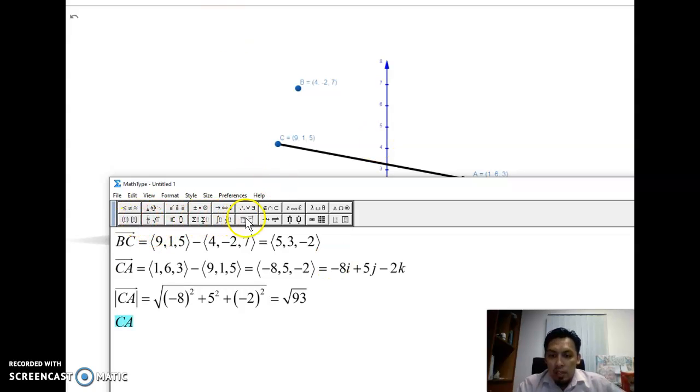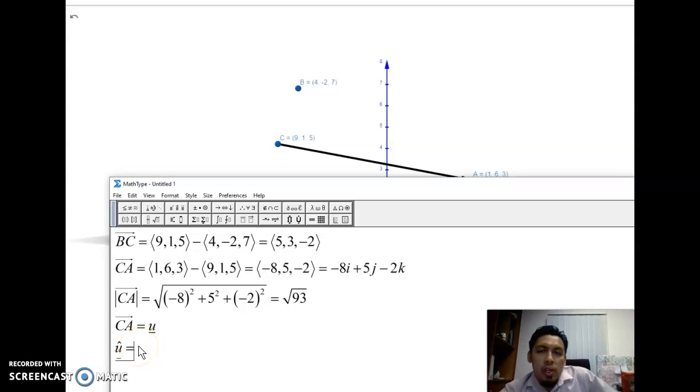Let's say that CA is equal to U. So to find the unit vector also means that we need to find the U hat. So this is the unit vector.